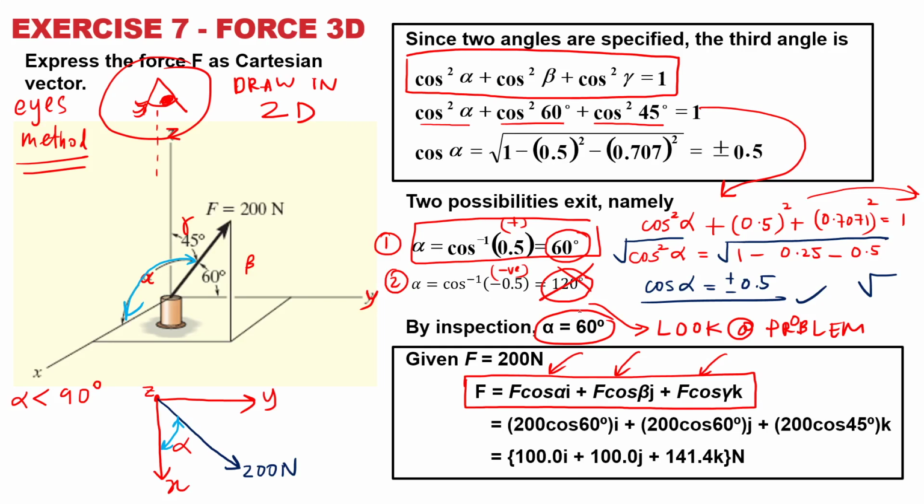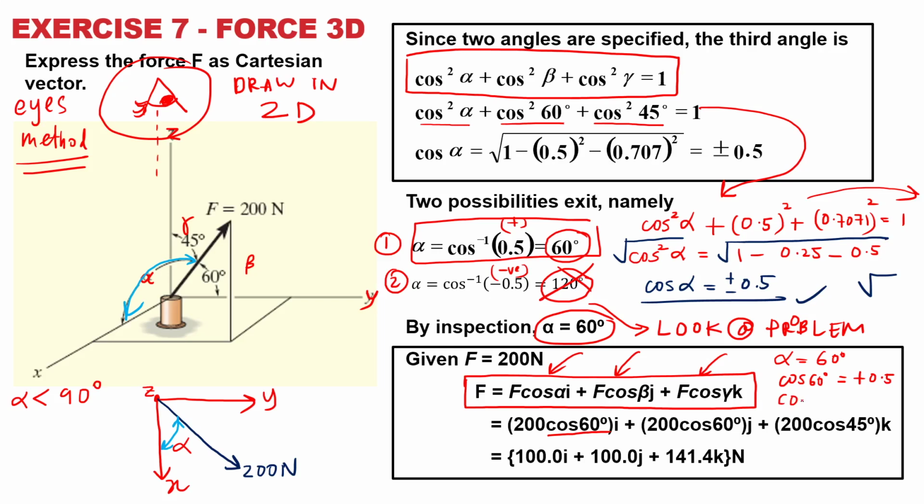For example, you just have to key in. Let's say your alpha is currently 60 degrees. Remember, cos 60 degrees is equivalent to positive 0.5.